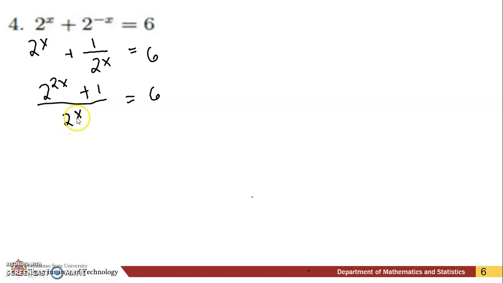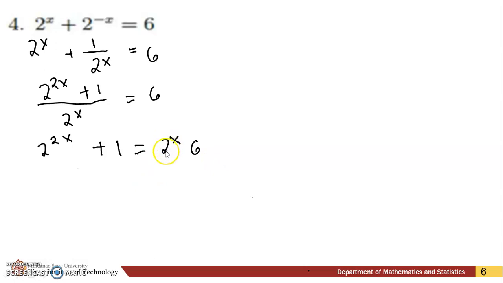Then we can multiply both sides by 2 to the x so that we can get rid of the fraction. Multiplying both sides by 2 to the x gives us 2 to the 2x plus 1 equals, because we multiply this by 2 to the x, 2 to the x times 6.